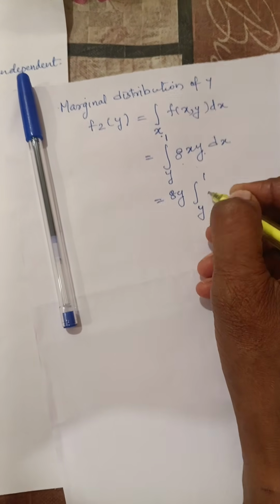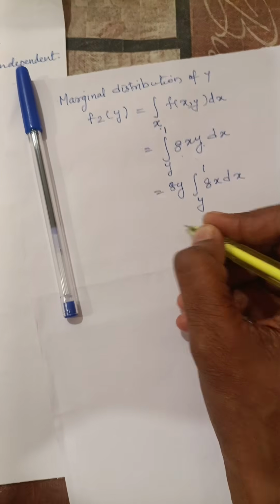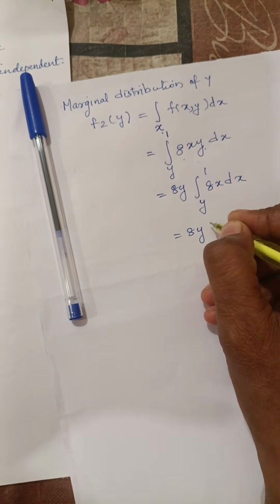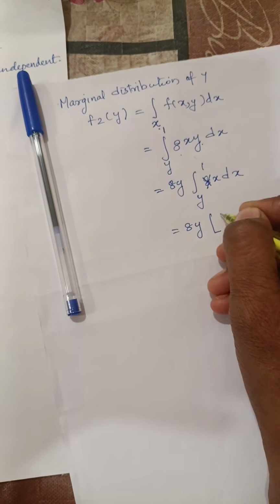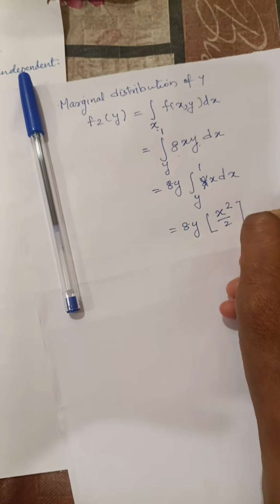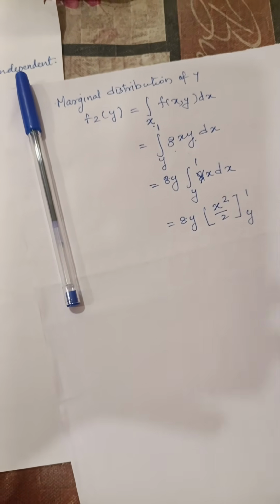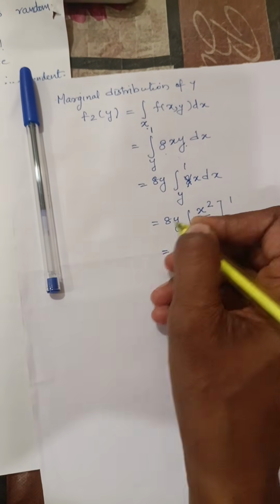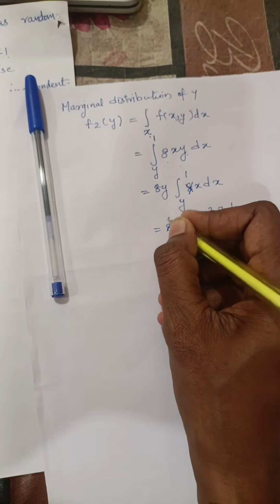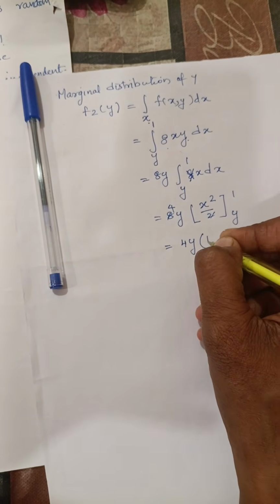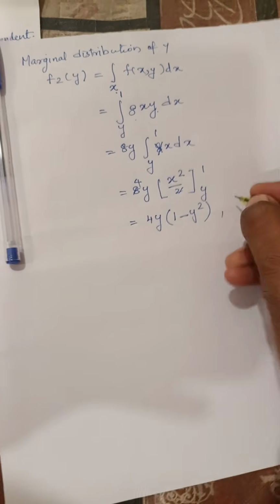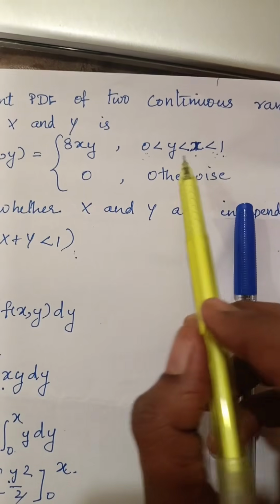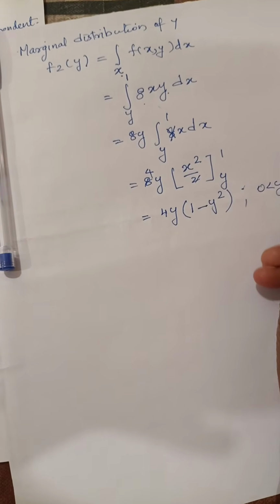Integral y to 1 of x dx is x squared by 2 over the limit y to 1. Now we can cancel this, so 4y, and applying the limit, 1 squared minus y squared. So this is f2y, and the limit of y is 0 to 1 again, so 0 < y < 1.